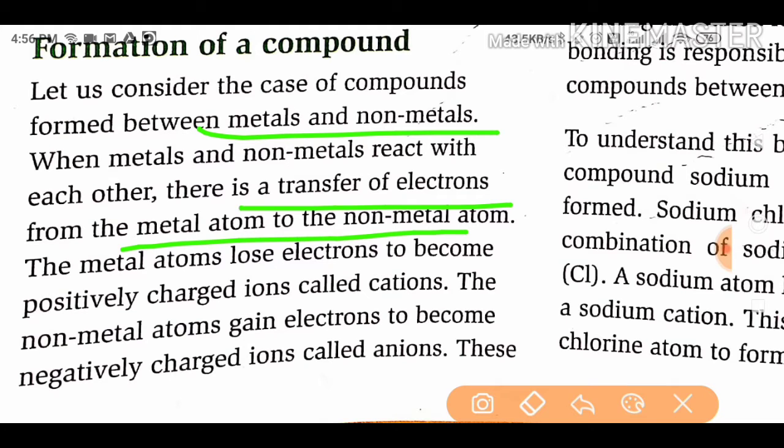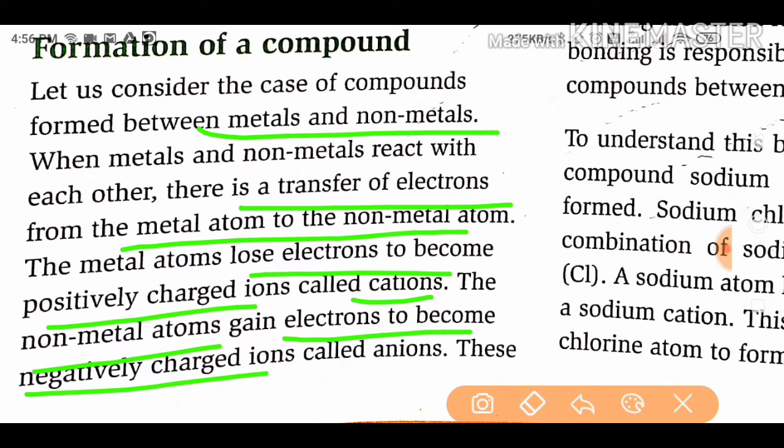The metal atoms lose electrons to become positively charged ions called cations. Every time, metals lose electrons and form cations. The non-metal atoms gain electrons to become negatively charged and are called anions.